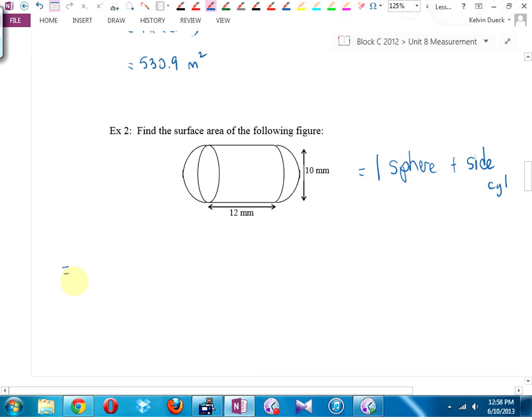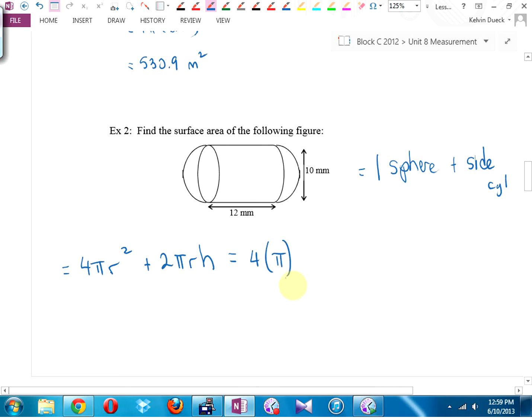First of all, 1 sphere. What was a sphere? Equation-wise, what was the equation for the surface area of a sphere? 4 pi r squared plus, and what was the equation for the area of the side of a cylinder? 2 pi r h. All right. 4 pi.